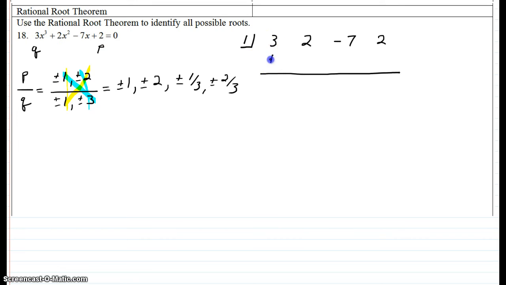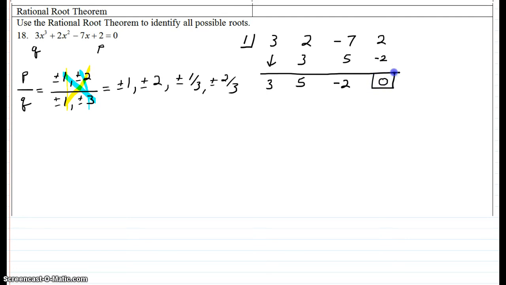So bring the 3 down. And so now 1 times 3 is 3. 2 and 3 makes 5. 5 times 1 is 5. -7 plus 5 is -2. -2 times 1 is -2. And now 2 minus 2 gives us 0.